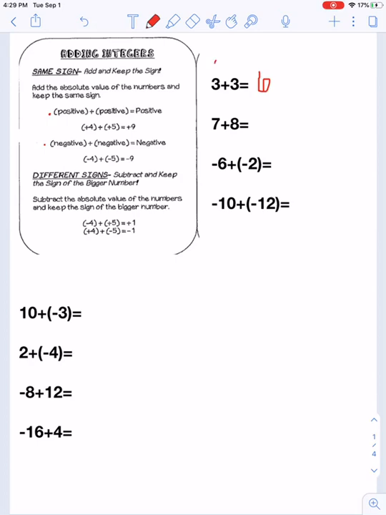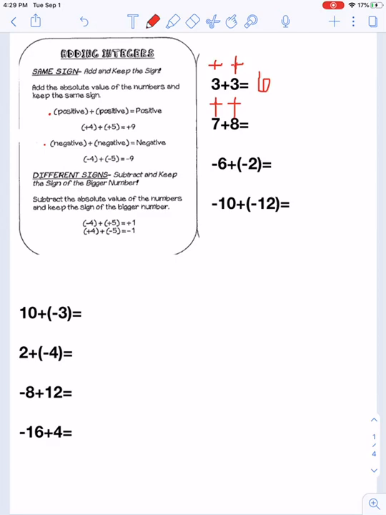You have a positive 3 and a positive 3. So those are two integers with the same sign. So a positive plus a positive will be a positive 6. Okay? 7 plus 8. This is a positive 7. This is a positive 8. That's a positive plus a positive.